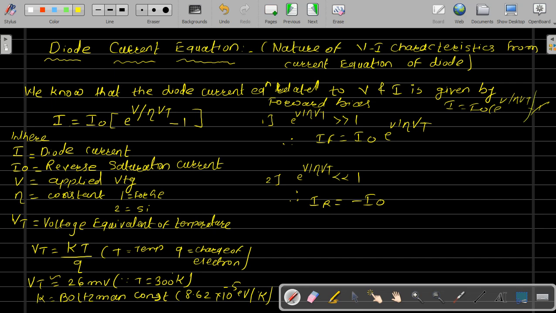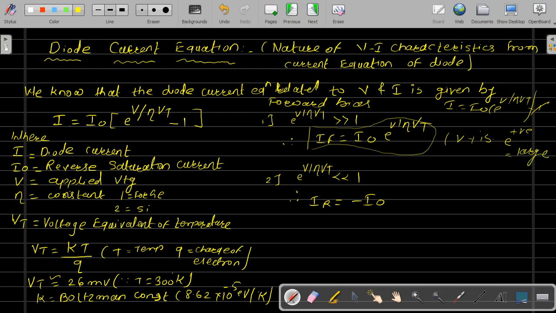So your equation remains IF equals I naught into e power V by eta Vt, when V is positive, and because of that your exponential term is positive and its value will be large.